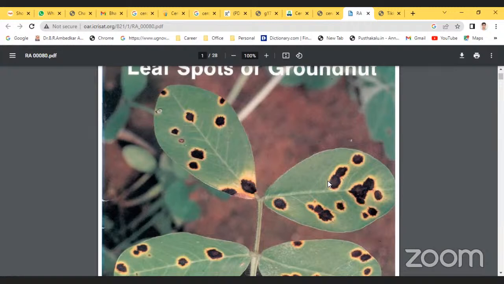After you get the thin sections, you observe them under the microscope. So here, what are the symptoms? You will see spores, conidia or conidiophores. So you find the conidiophores. You will show the examination in front of the practical examiner.